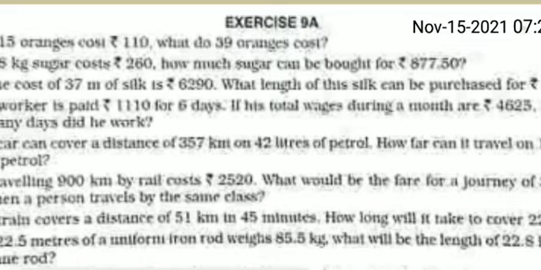Next question number 3. The cost of 37 meters of silk is rupees 6,290. What length of the silk can be purchased for rupees 4,420? So this question is the same as question number 2. Here the same unit, rupees, is given two times, and another unit, only one, that means 37 meters.